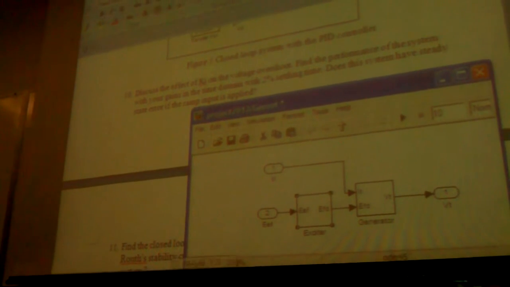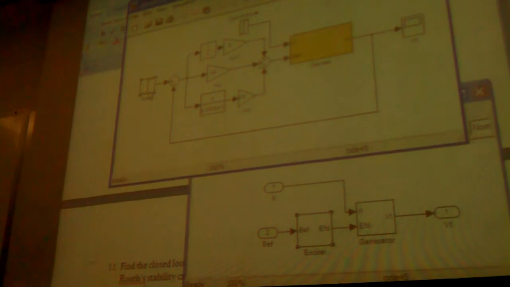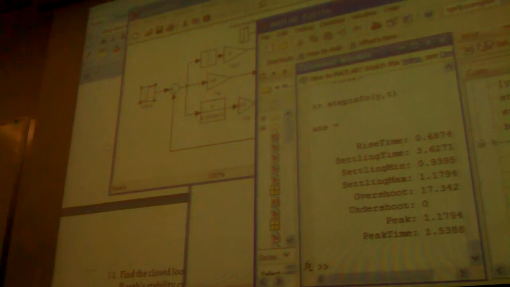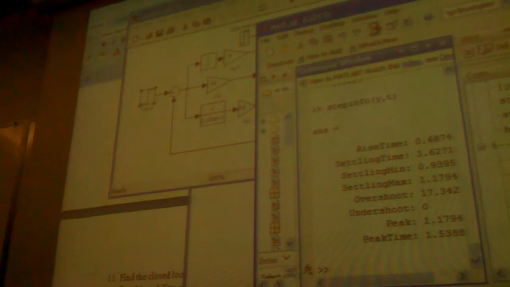So we can discuss that one. Does it have a steady-state error with the ramp input? Yes or no? So let's try the ramp input. Instead of the step input, I can use the ramp input.